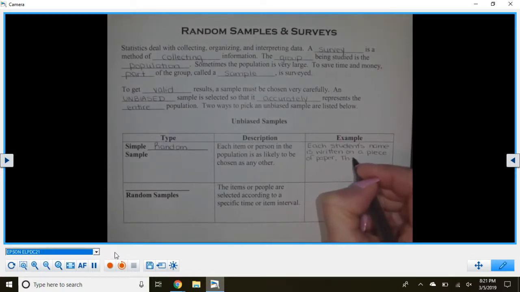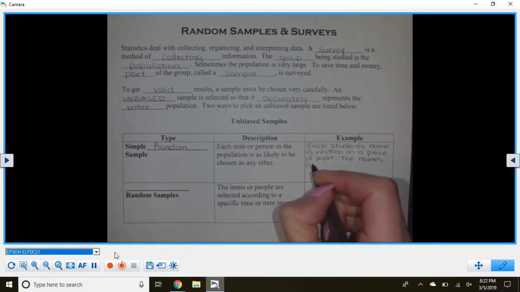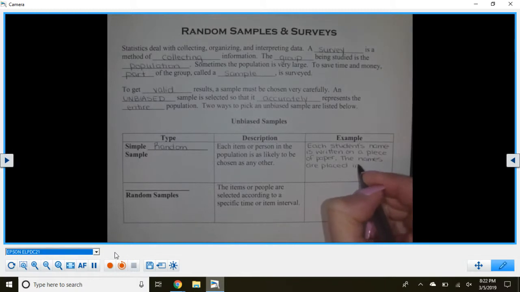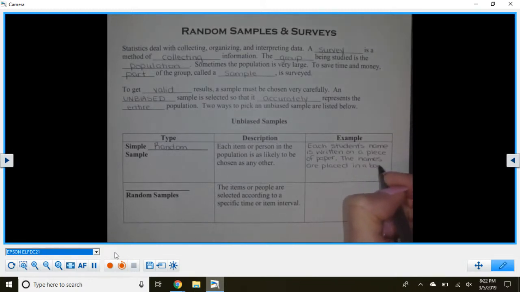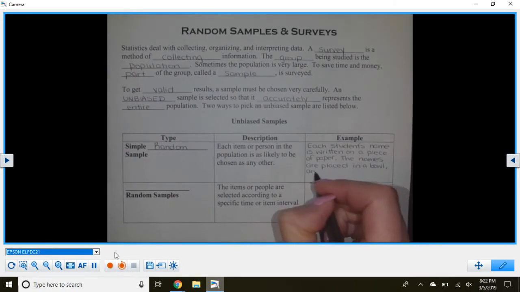The names are placed in a bowl. And picked without looking.